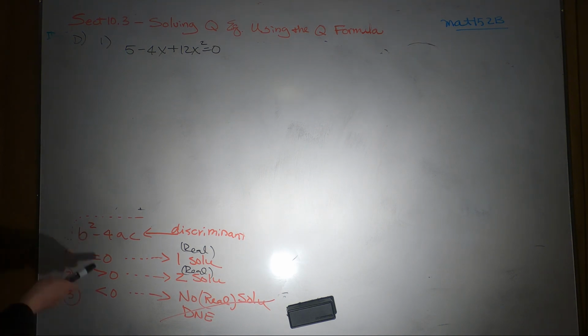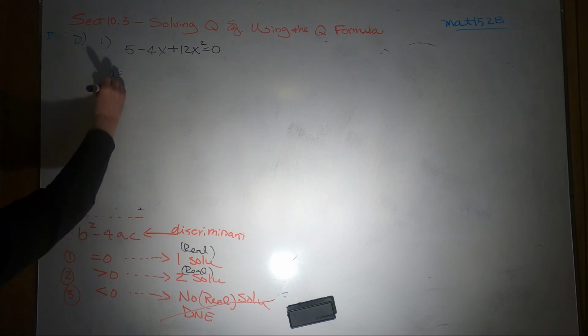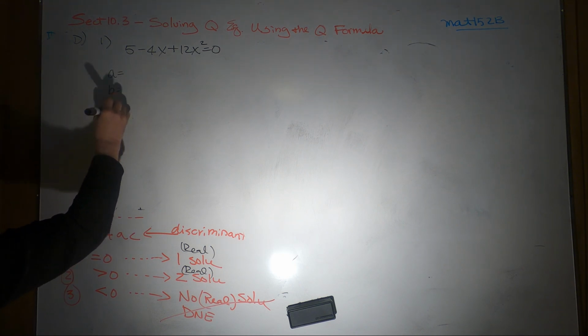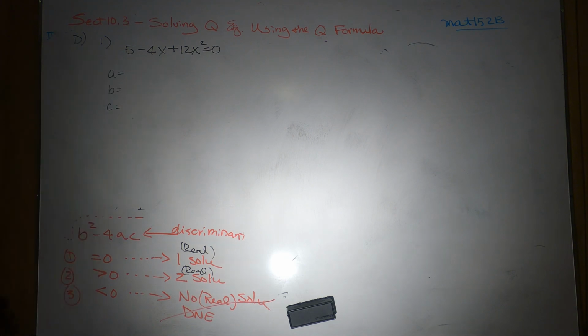So what type of solutions might we have? What do we need to do? We have to decide it by b squared minus 4ac. So what's your a? What's your b? What's your c? You have to write it in standard form to decide, right?